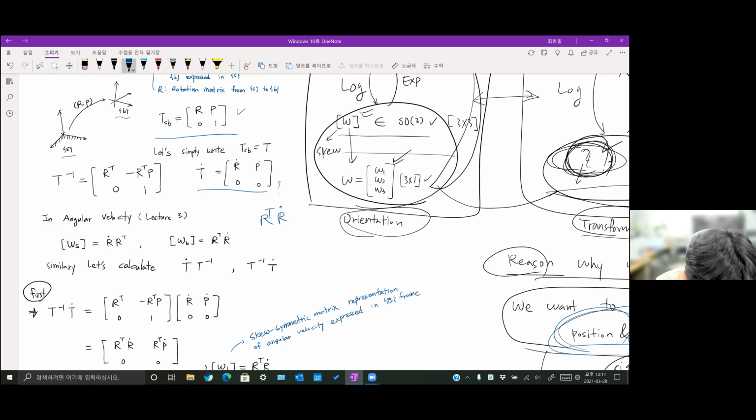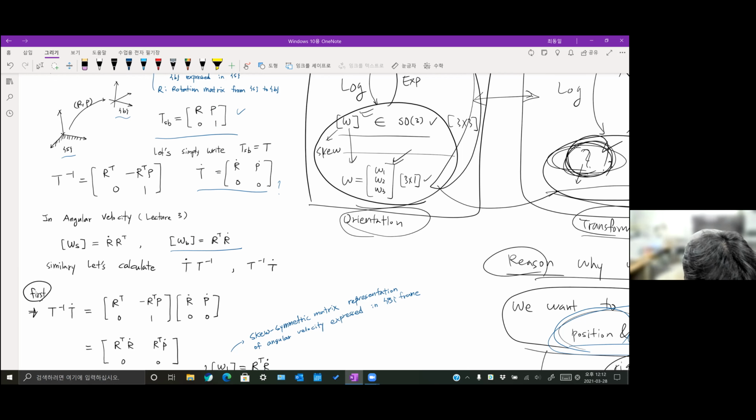So R transpose R dot means body angular velocity, and R dot R transpose equals space angular velocity. Actually, more strictly speaking, there is the skew symmetric of angular velocity. Yeah, because this bracket means skew symmetric.